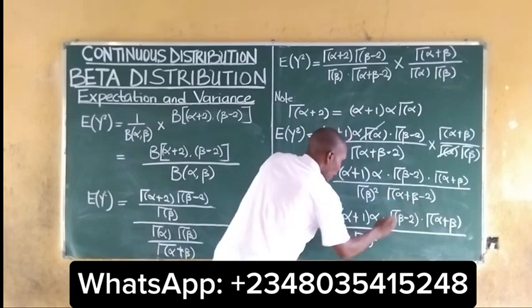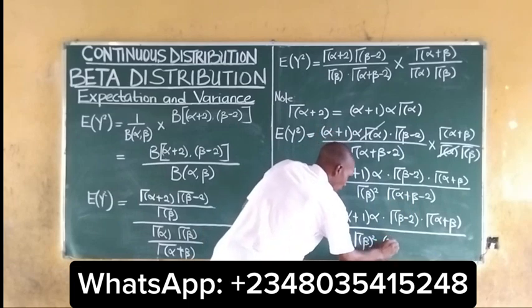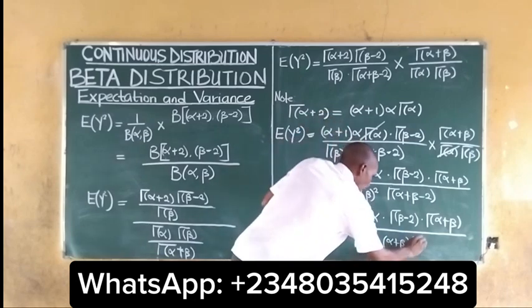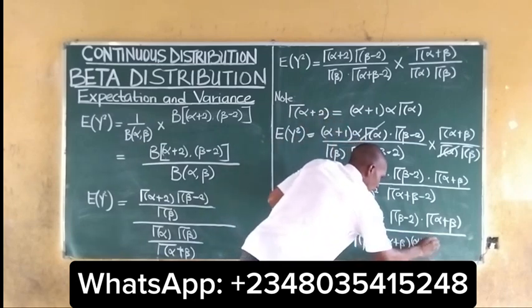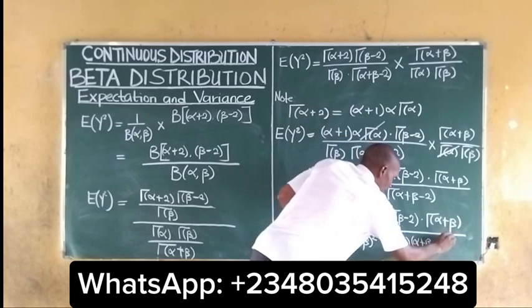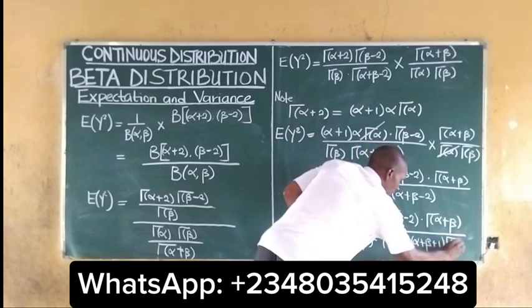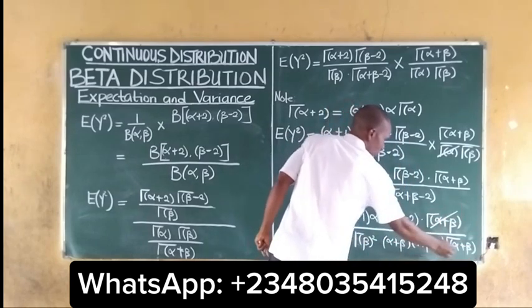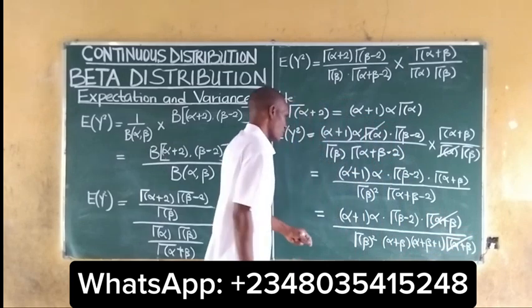We can expand this and it will give us alpha plus beta and alpha plus beta plus 1 into alpha plus beta. So of course this will also cancel this.